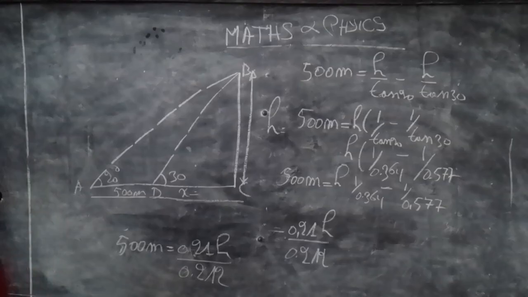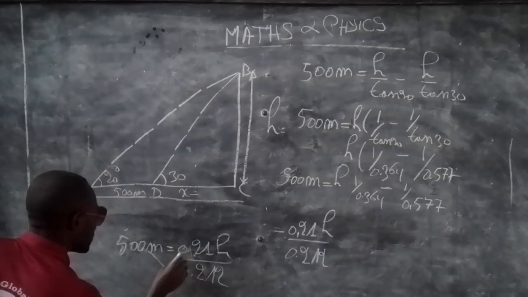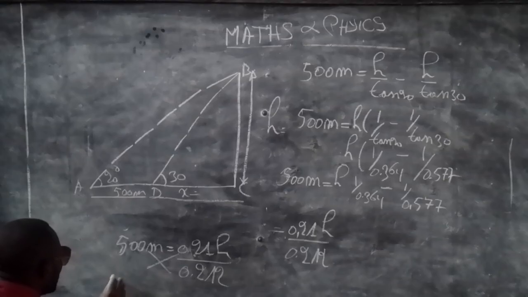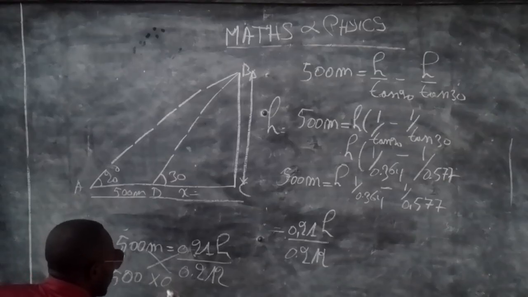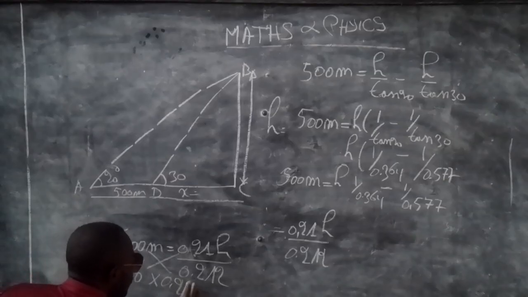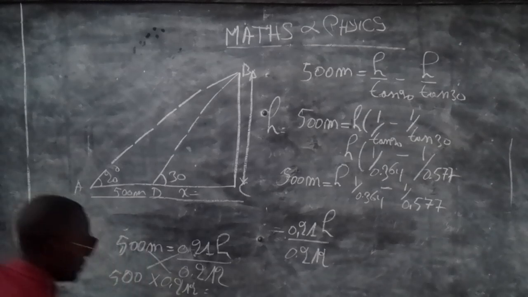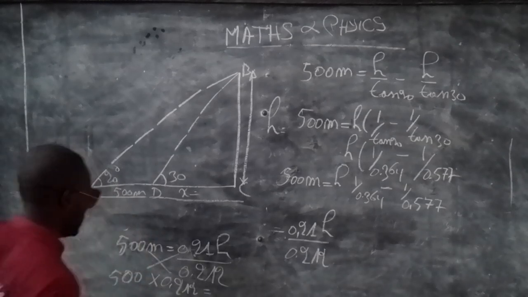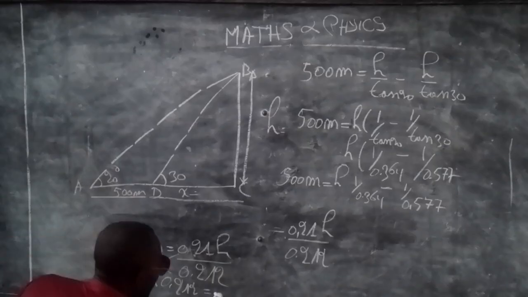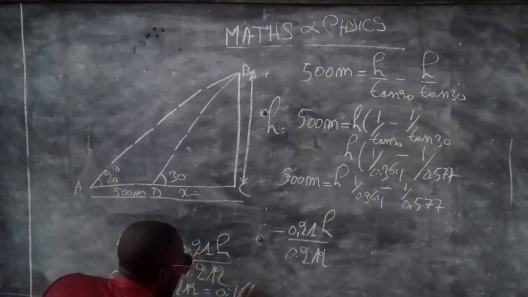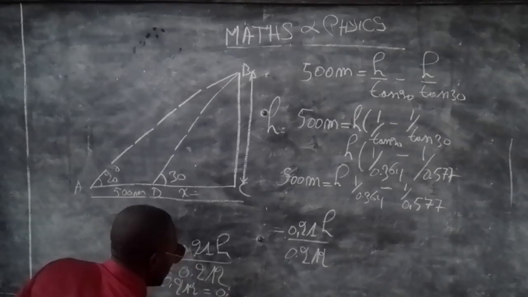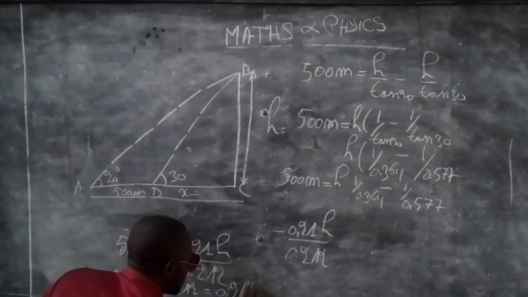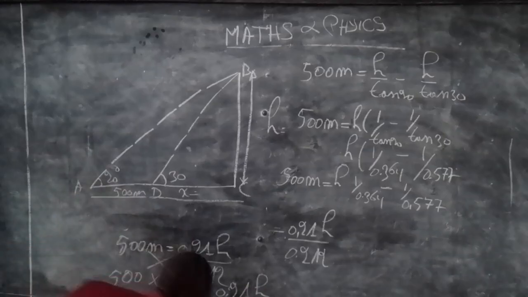Equal to how much? So again, cross multiplication: 500 times 0.21 equal to 0.212 h. Our h equals how much?